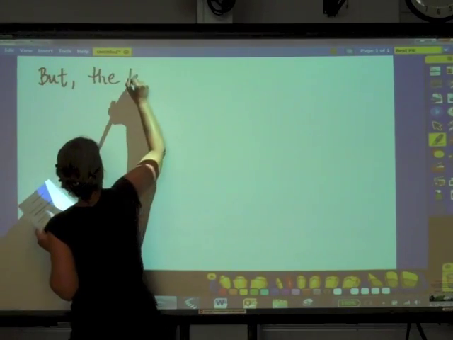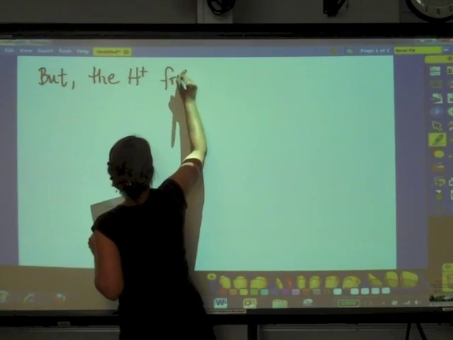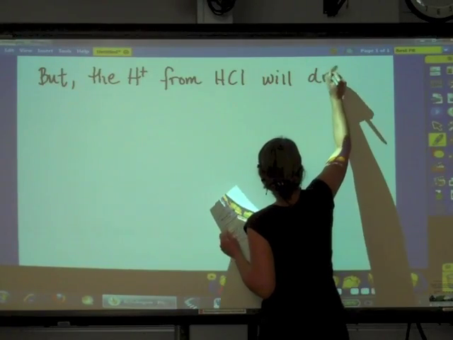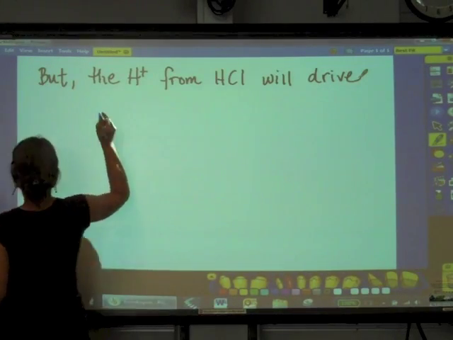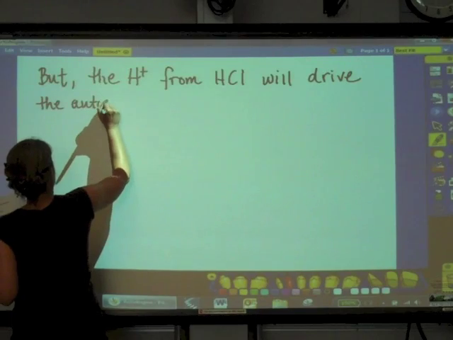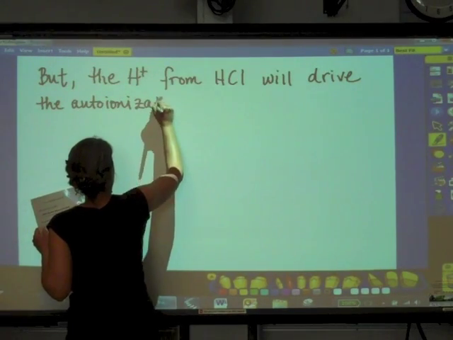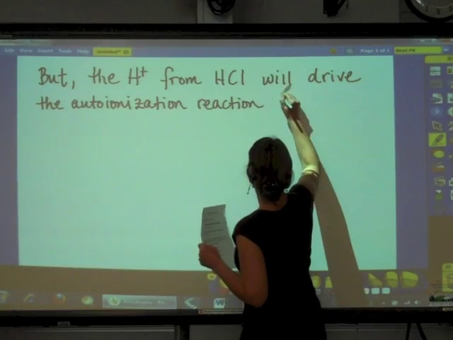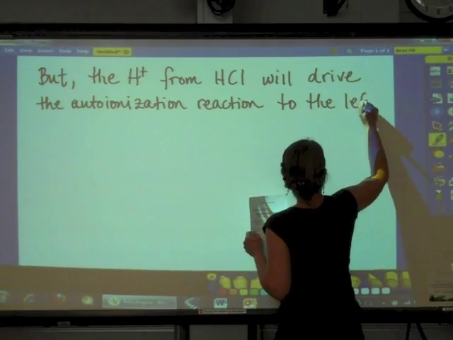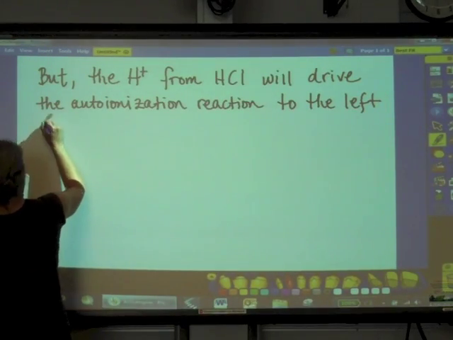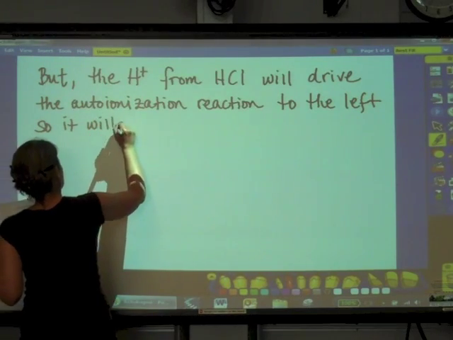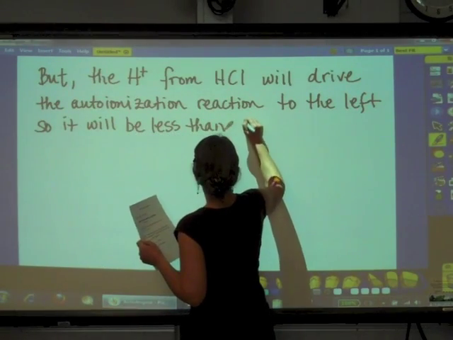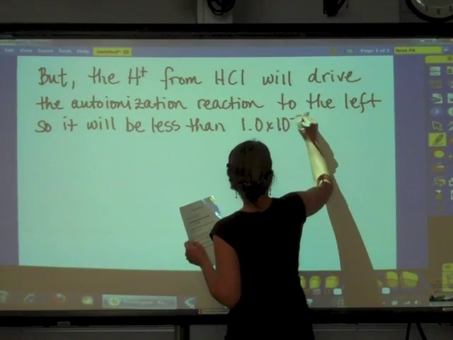The H plus from HCl will drive the auto-ionization reaction to the left, so it will be less than 1.0 times 10 to the minus 7th molar.